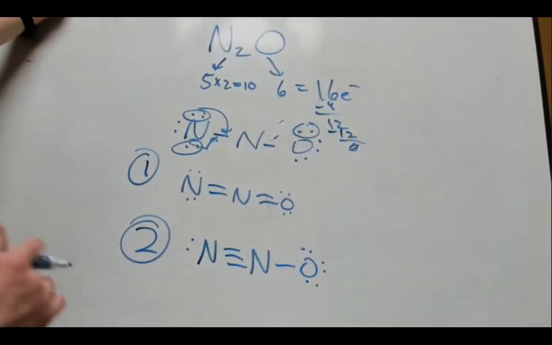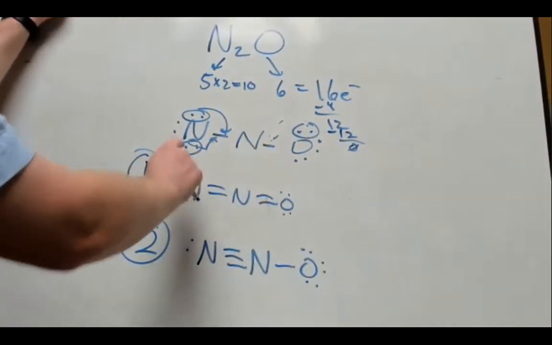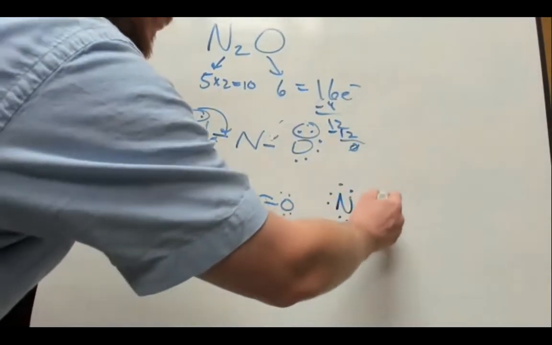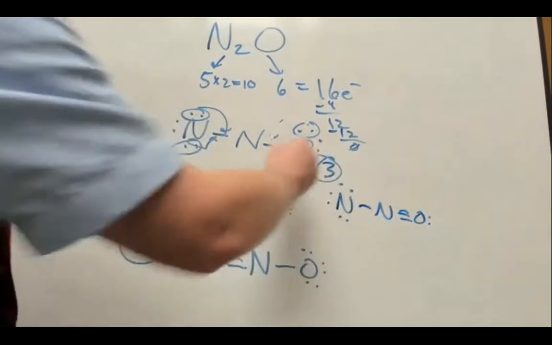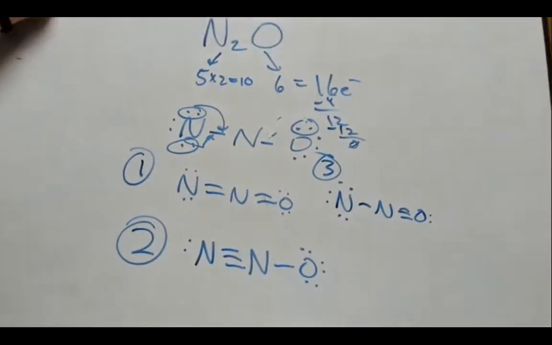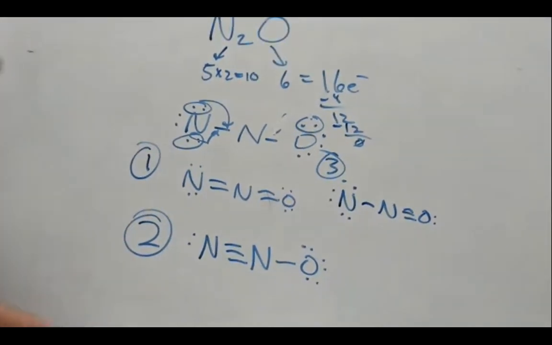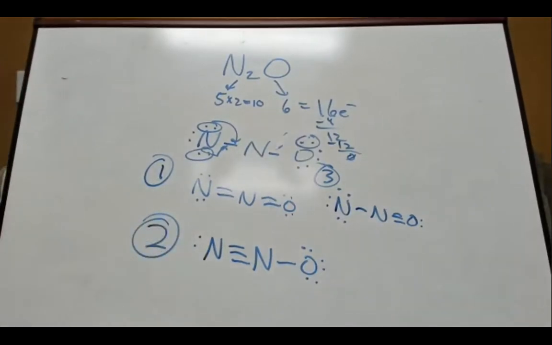So there's 1, there's 2, and then if we just switched it and made the triple bond between the nitrogen and oxygen and left the other nitrogen singly bonded, there's number 3. So I want you to look at these 3, and without me teaching you anything about how to do it, I want you to tell me which one is correct. 1, 2, or 3?